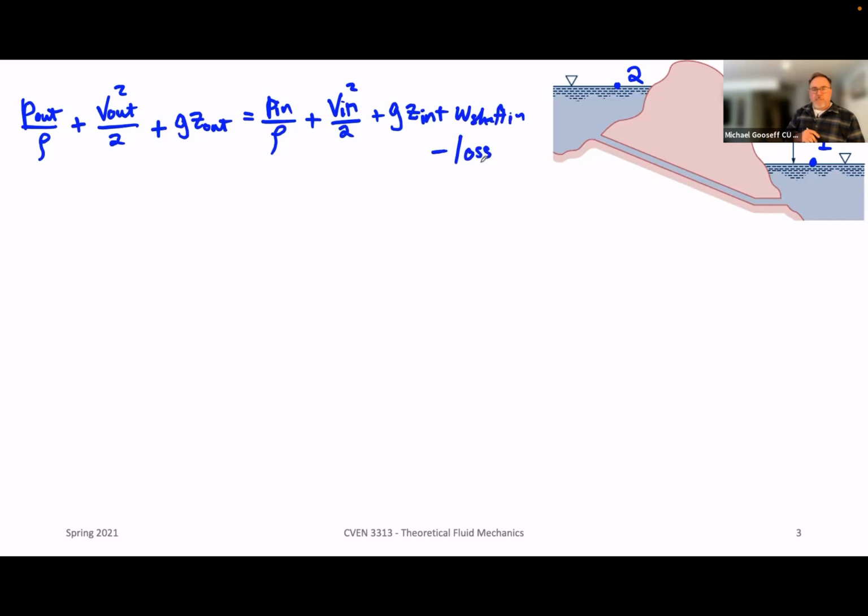I realize I'm using out and in; I will convert to 1 and 2 when we take the next step. I didn't get the loss in on the far end, but if that was all in one line, the loss would be on the same line.